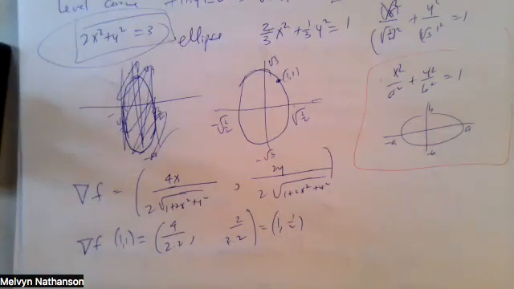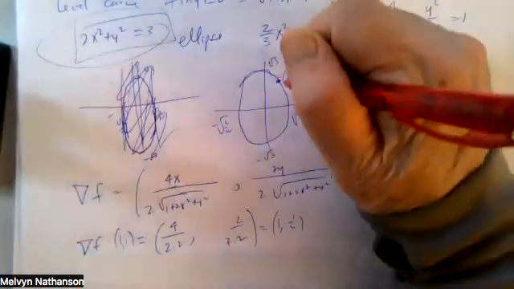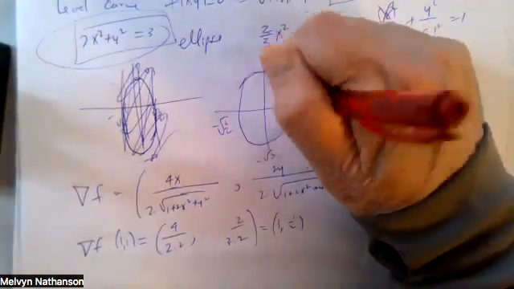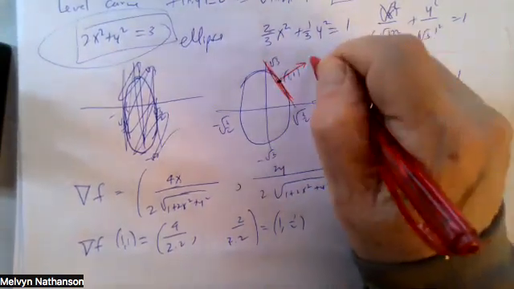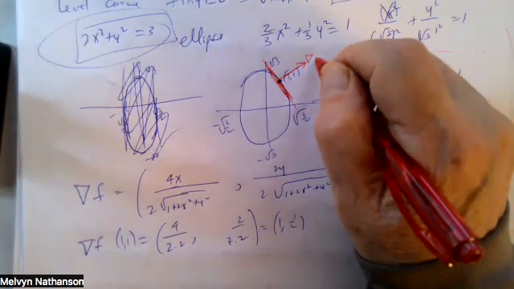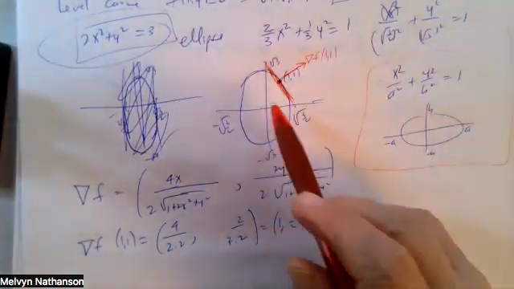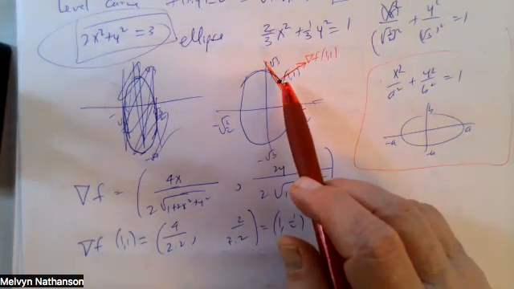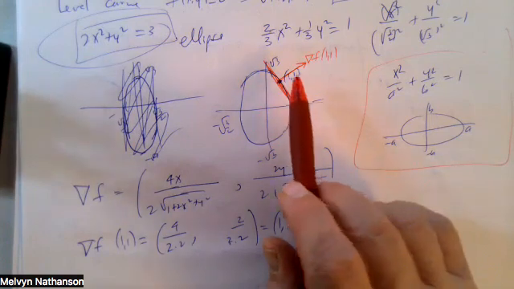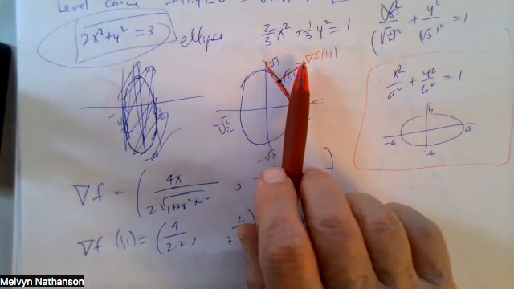So what I want to show is that if I had the tangent line to my level curve at this point, the gradient is perpendicular to it. This is the gradient of f at the point 1, 1, and so I need to find the tangent line to the curve at this point.